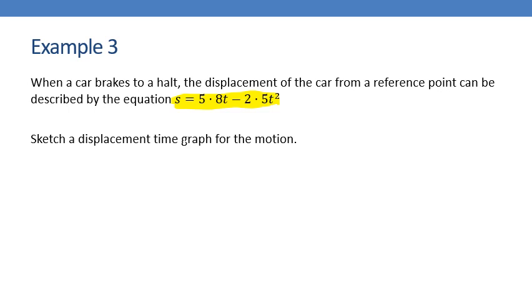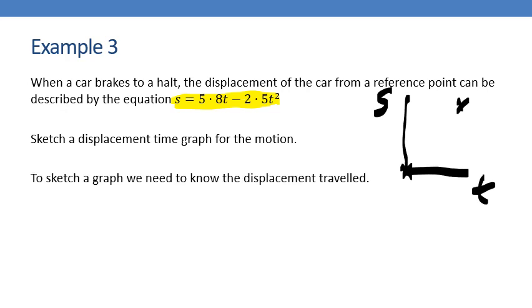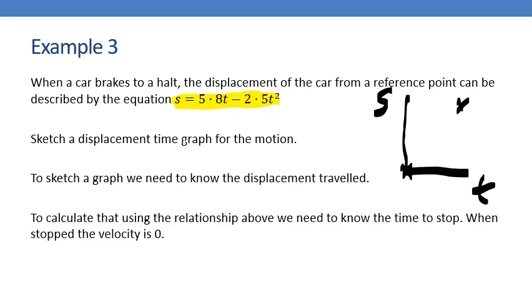So if we think about what that would look like, we've got displacement on one axis, s, we've got time on the other axis. So we'd be starting at 0. Where are we going to? Well, we need to know the time it's going to take to stop, and we need to know the displacement, how far it's traveled, to work out that. Can we do that with that? Well, no, we need to know a little bit more.